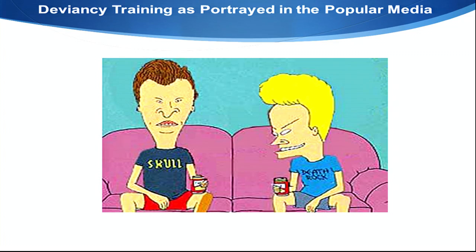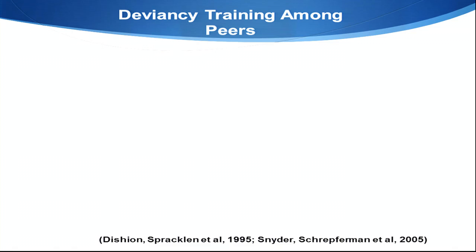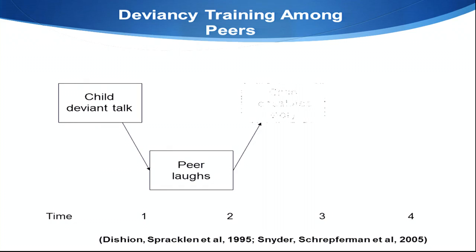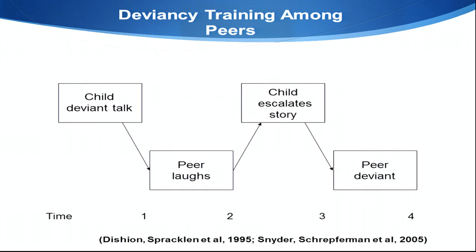This is the kind of interaction that happens outside of adult supervision. Child talks about something deviant, the peer laughs, the child escalates the story, and the peer joins in. So two kids are sitting there talking about defying a teacher, and then pretty soon one of the kids shares a story where he locks up the vice principal in the office, and they laugh about that.